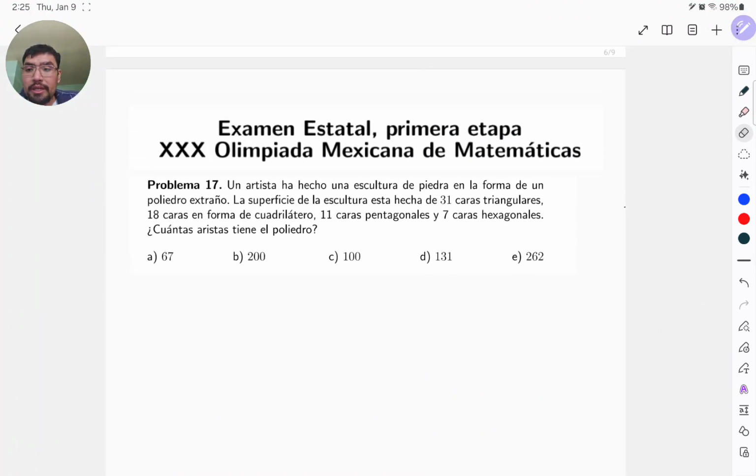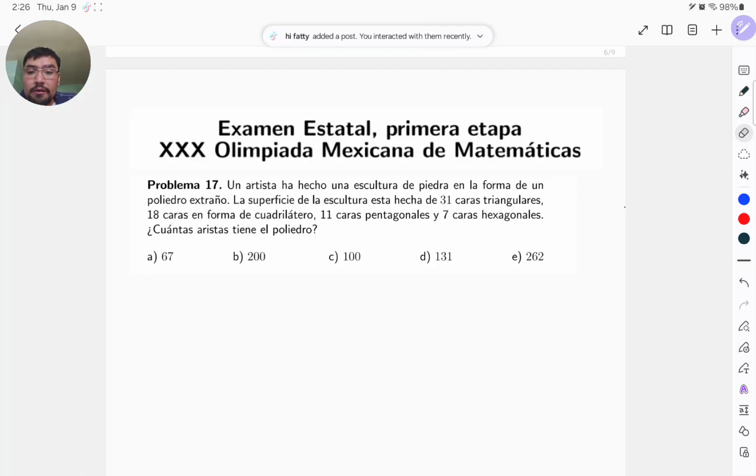We are going to solve problem 17 of a math Olympiad in Mexico, in their state phase or regional phase as well. Both are exactly the same thing. And the problem says the following: An artist has made a rock sculpture in the form of a rare polyhedron.